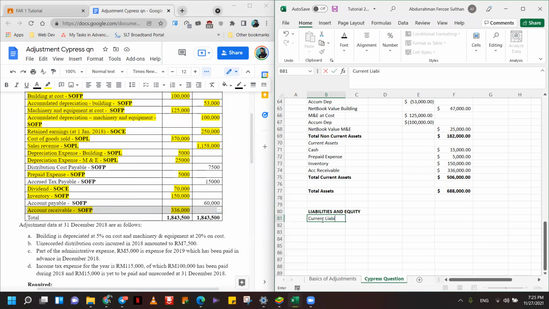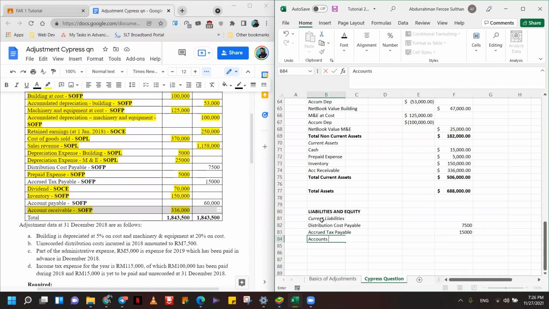Current liabilities. So we have distribution cost payable, which is 7,500. Then we have accrued tax payable, which is 15,000. And then we have accounts payable.